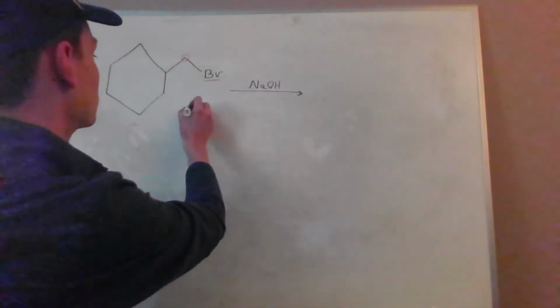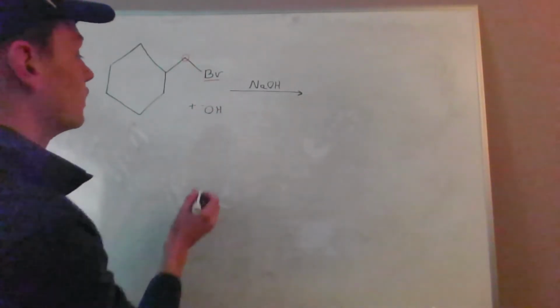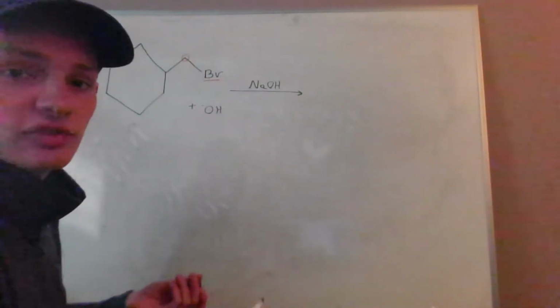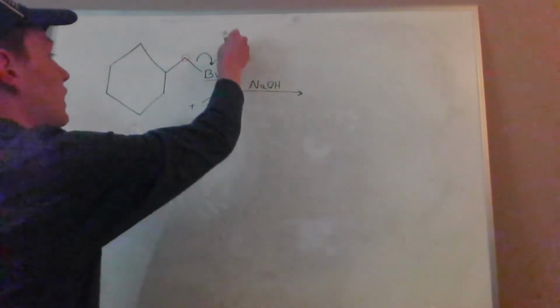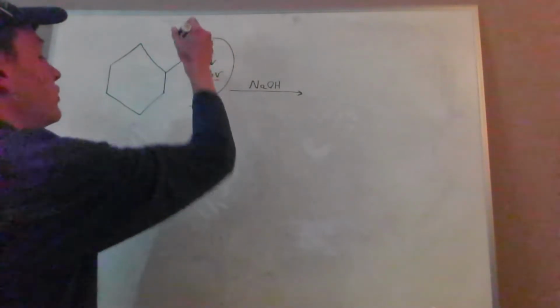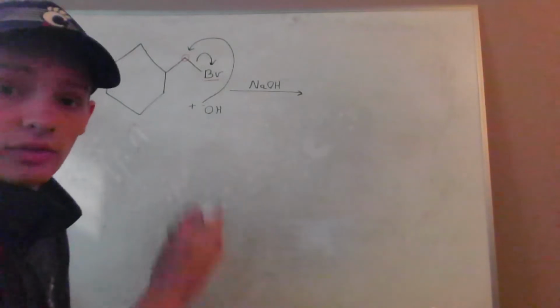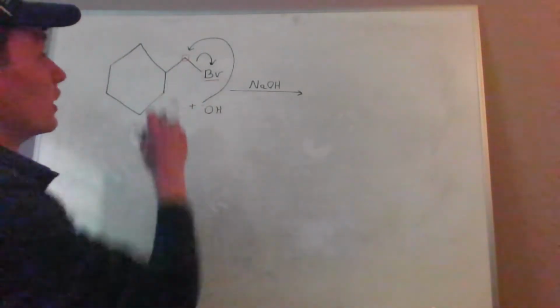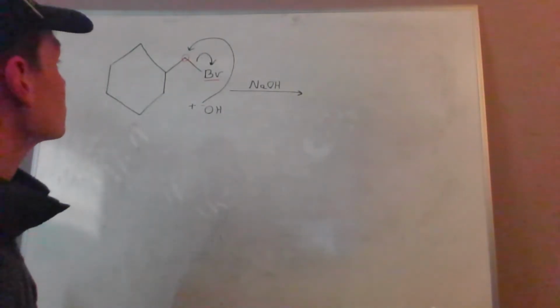So realistically, this is going to react with the OH minus, and it's just going to be literally one step. This bromine is going to leave, and at the same time, this OH is going to add with its lone pair of electrons and form a bond to our carbon all at once, okay?